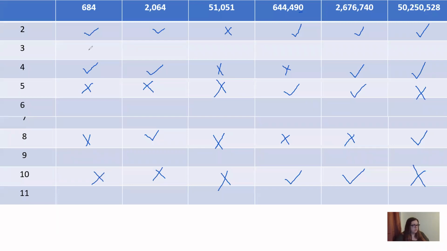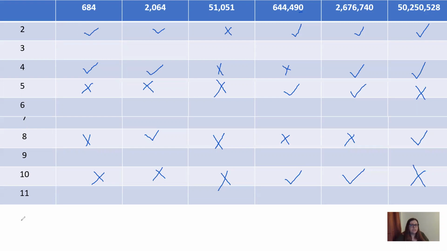All right, let's go on to some others. The divisibility of 3. If the sum of all the digits is divisible by 3, then the whole number is divisible by 3.